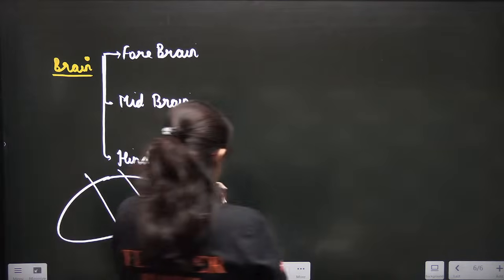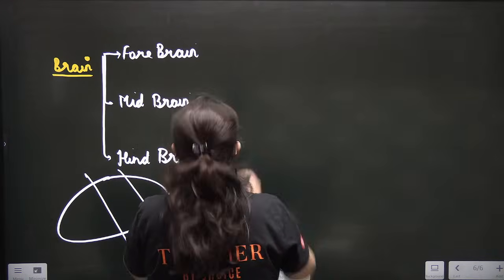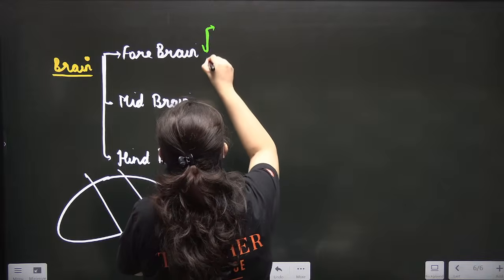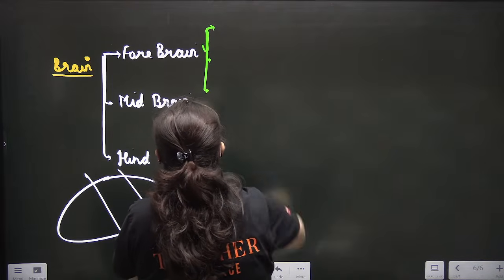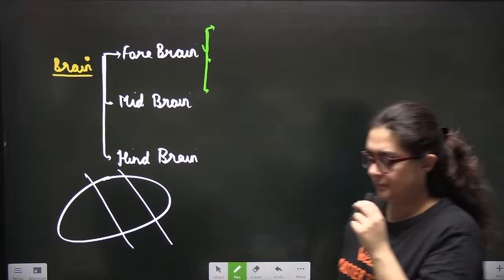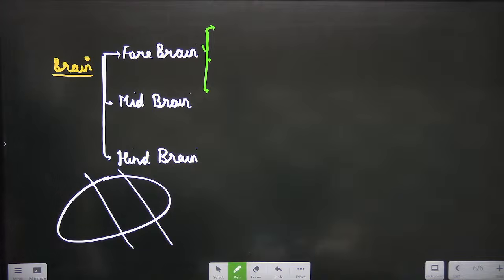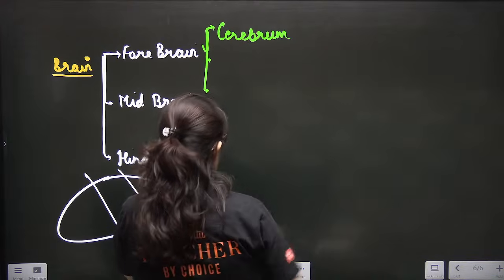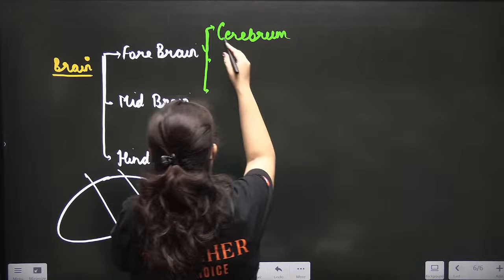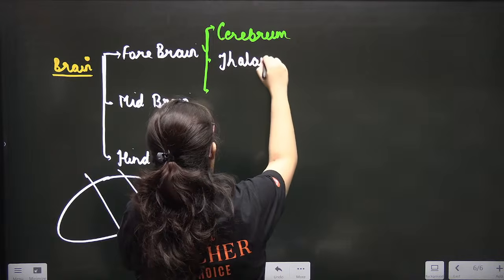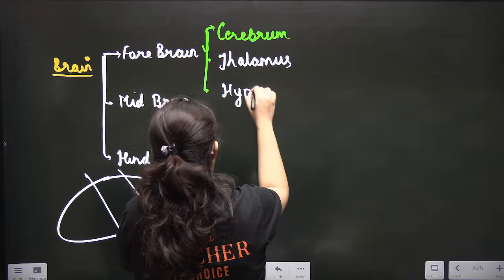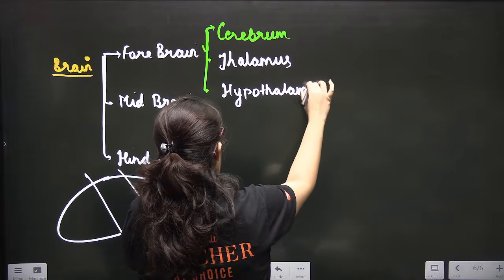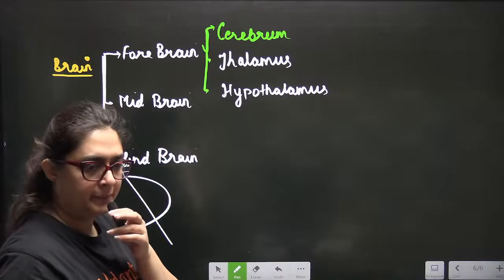So now this forebrain has again three parts: cerebrum, thalamus, and hypothalamus. Done.